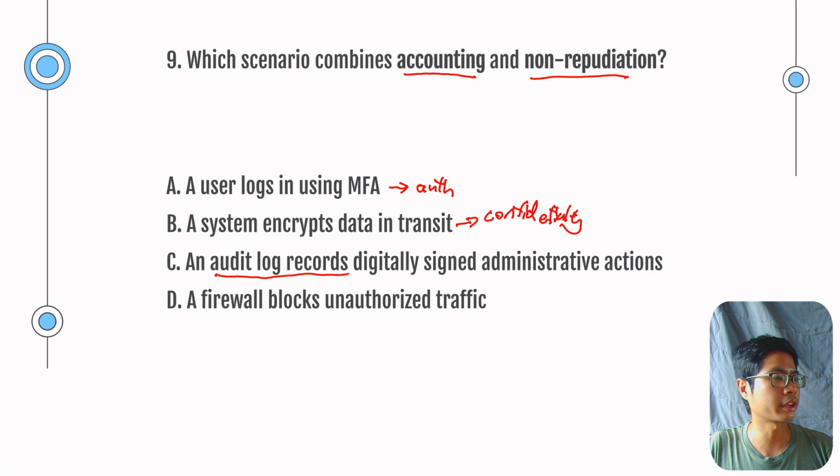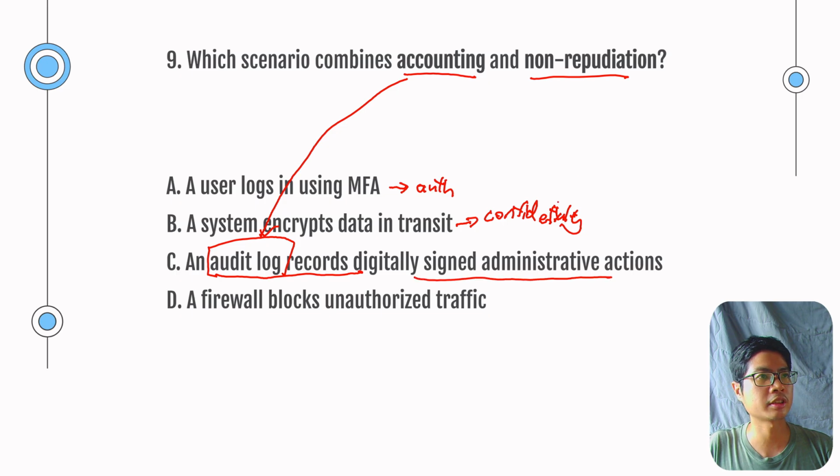An audit log records digitally signed administrative actions. We first take a look at audit log, and immediately, accounting fits into audit logs. Does digitally signed administrative actions fit into non-repudiation? We have just talked about digital signatures, the PKI, and everything like that in the previous few questions.